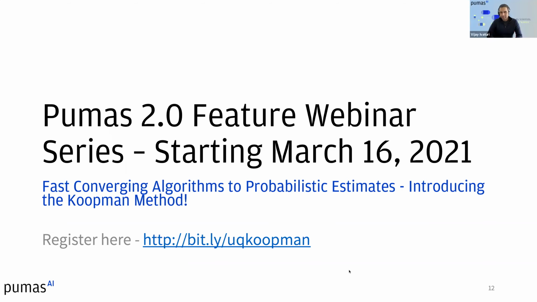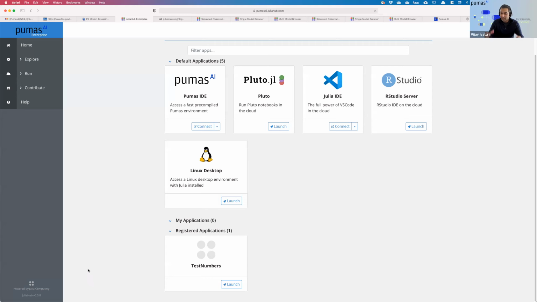Well, the main thing here is that Pumas Enterprise, as you see here, is powered by JuliaHub. JuliaHub is a technology and a platform that allows deployment. It provides integrated development environments and also provides immediate scaling on the cloud for multiple different applications.